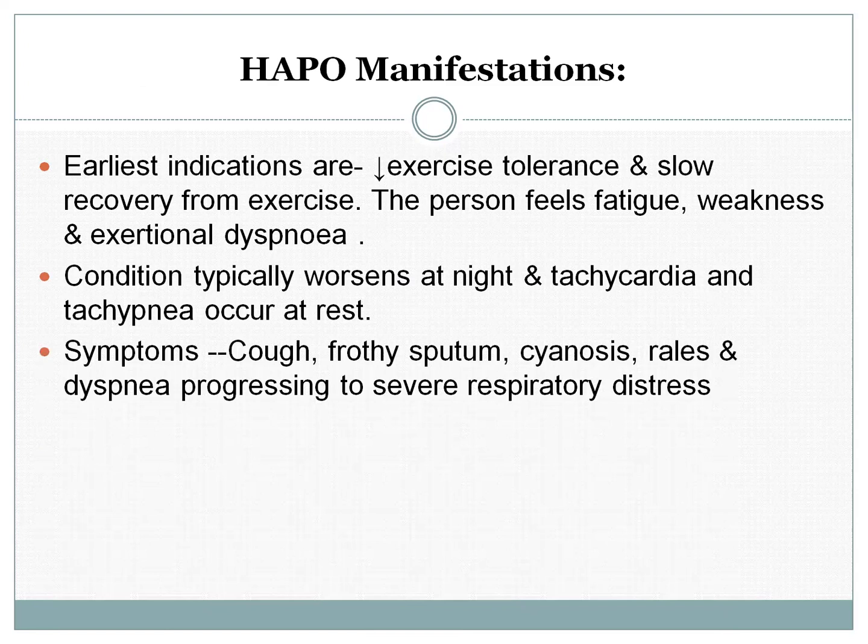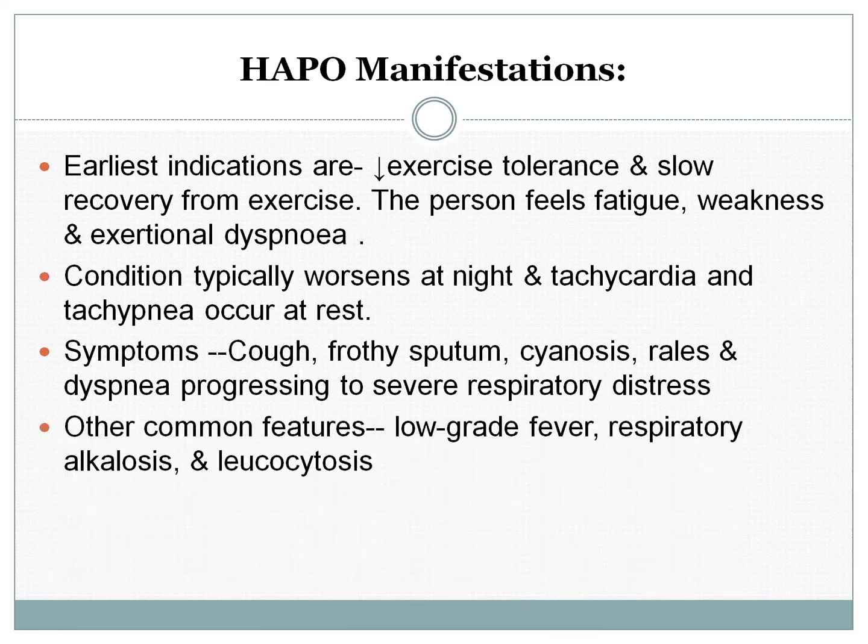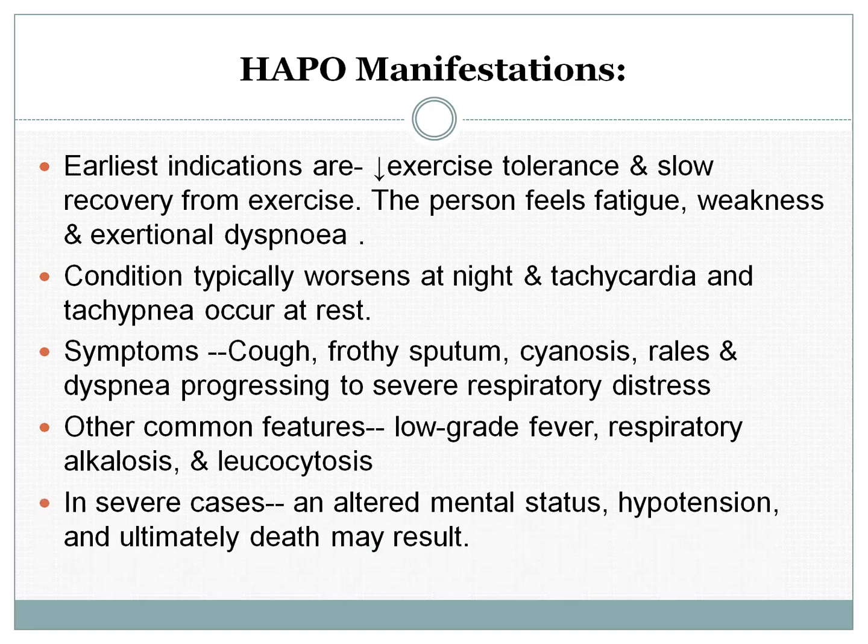Symptoms may be cough, frothy sputum, cyanosis, rales, and dyspnea progressing to severe respiratory distress. Other common features can be low-grade fever, respiratory alkalosis, and leukocytosis. In severe cases, altered mental status, hypotension, and ultimately death may result. So these are generally the HAPE manifestations.